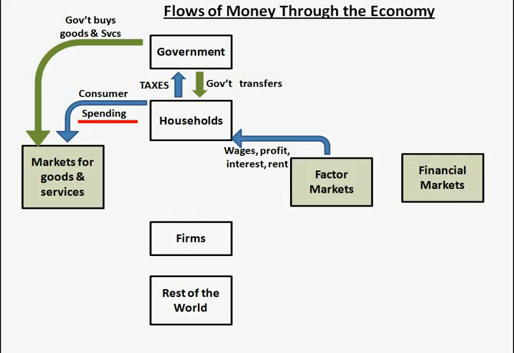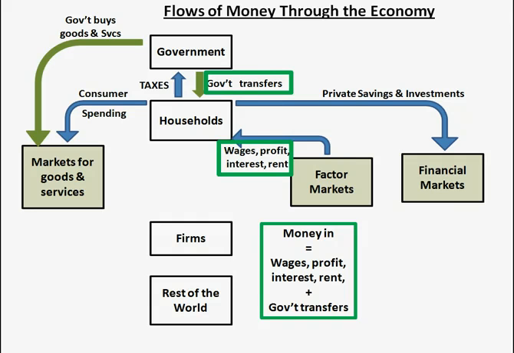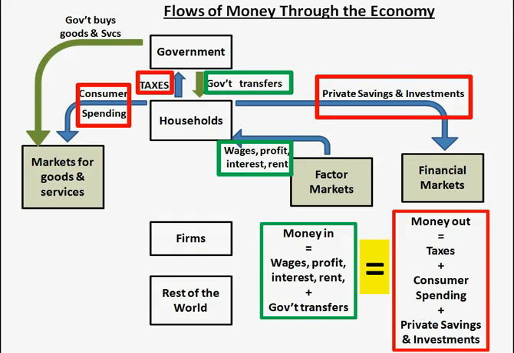Well, they can buy things with it, both goods and services, and they can also save or invest part of that money going into the financial markets. So we find that the money coming into households, both government transfers and wages, profit, interest, and rent, will exactly equal the money going out in taxes, consumer spending, and private spending and investment.